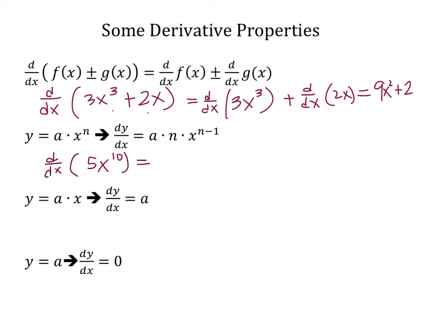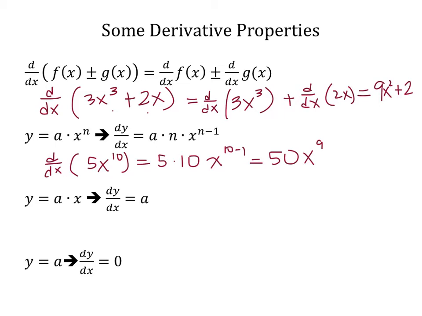I'll take my exponent, multiply it to my coefficient. So we have 5 times 10. Then we have x raised to my exponent reduced by 1, so 1 lower. 50x raised to 9.